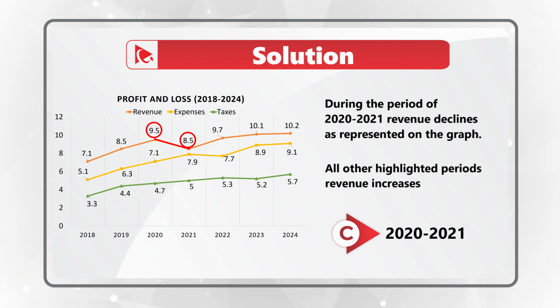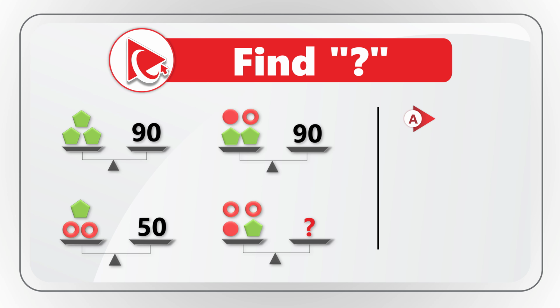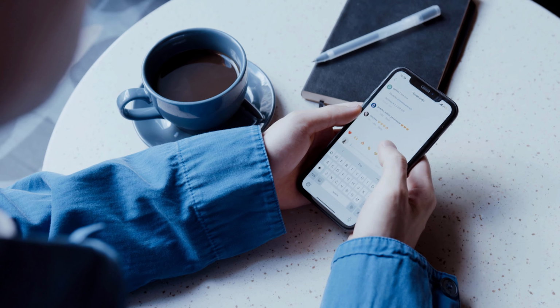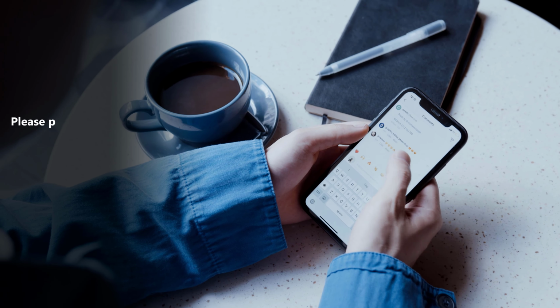You need to calculate the question mark out of 4 different choices. Choice A, 60, choice B, 65, choice C, 70, and then last but not least, choice D, 75. Take a close look, maybe pause this video for 10 to 15 seconds to see if you can come up with the solution. Once you're ready, please make sure to post your answer in the comments so I can give you my feedback. Thanks for participating and good luck.